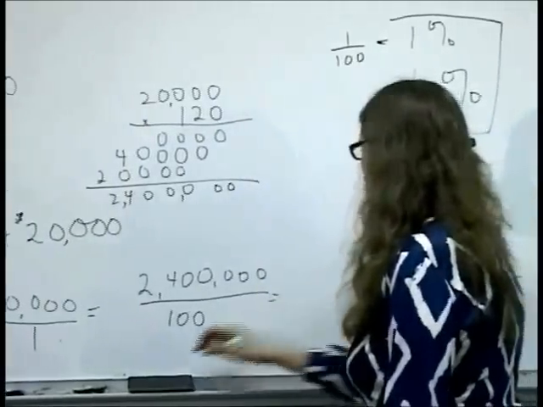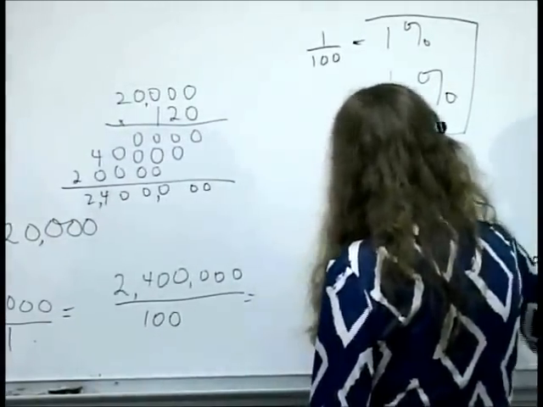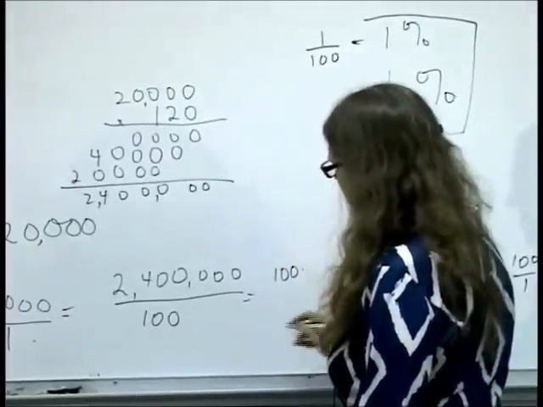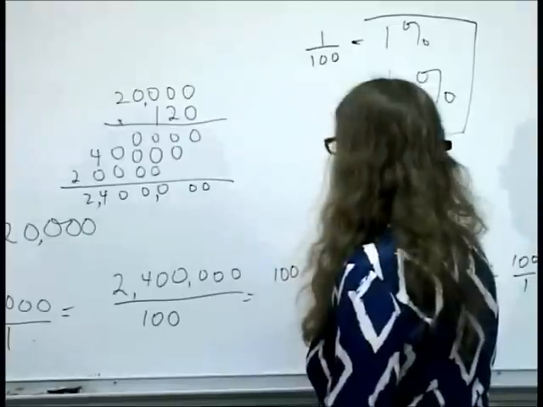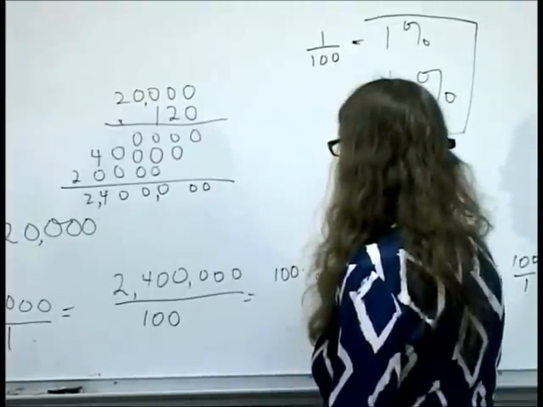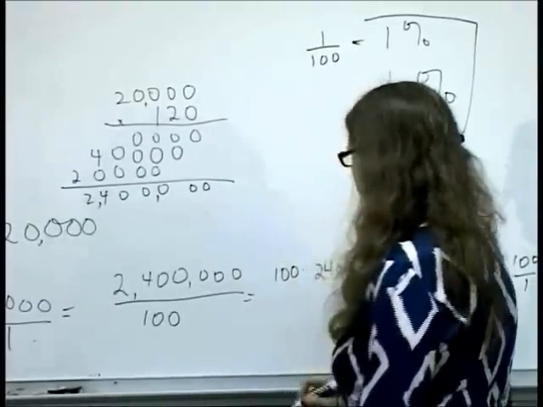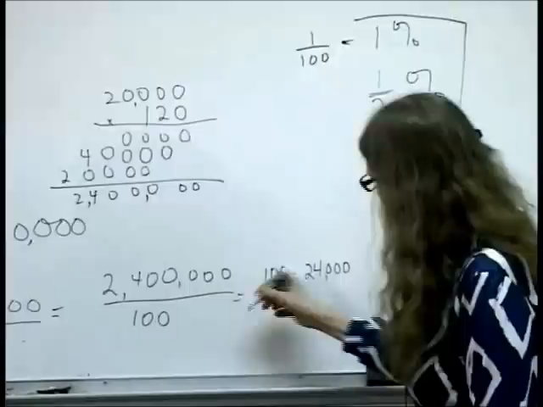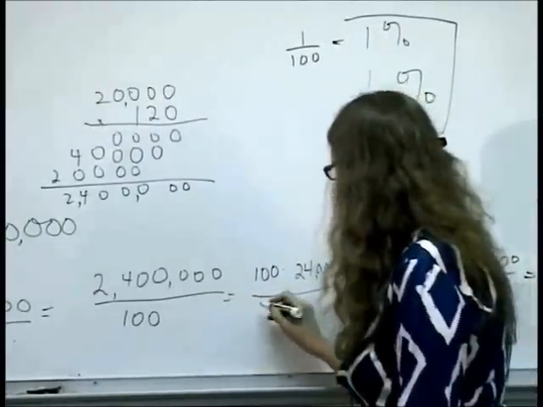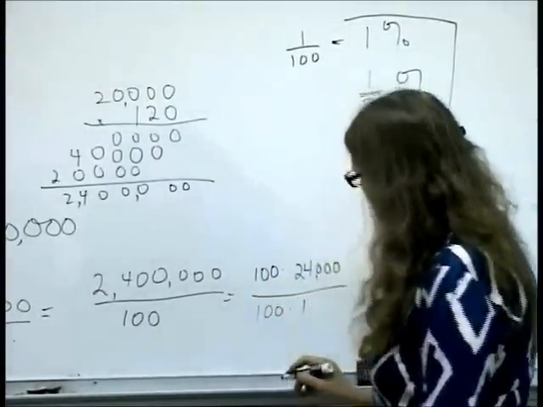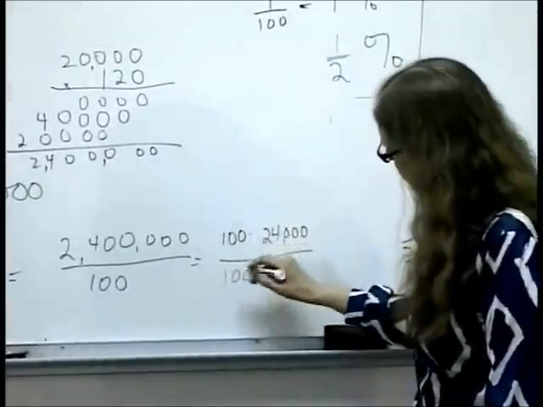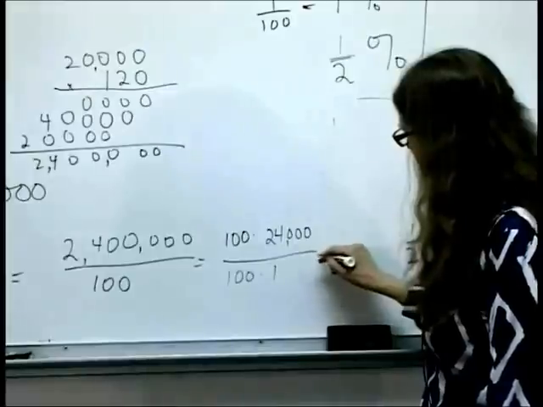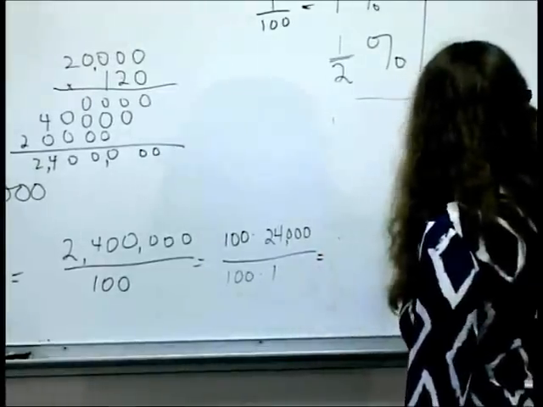All right, this is going to be the same as 100 times 24,000. 24,000 times 100 equals this, and the new denominator is 100 times 1. So I can think of this as 100 over 100 times 24,000 over 1, and the answer here is 24,000.